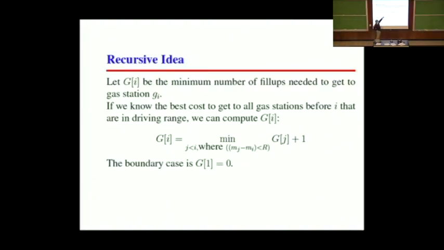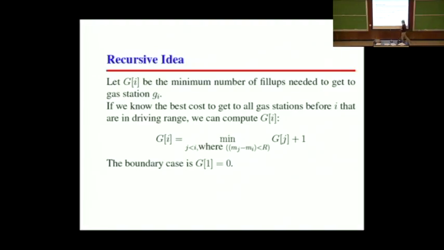I claim it is one more than the minimum number of stops it takes to get to Gj, if the distance between gas station J and gas station I is less than my driving range. Does everybody see it?